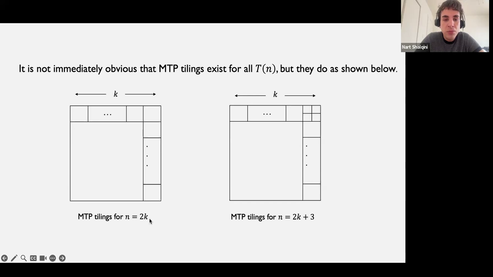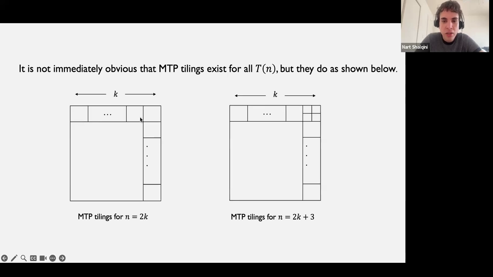If n has the form 2k, we consider the small square of size 1 over k, and then we have a row of k squares, and then k minus 1 squares vertically, and one big square in the middle, and this will give me a tiling of 2k squares, and of course the big square can be tiled by any of the small squares.